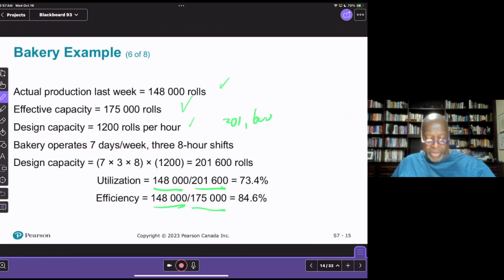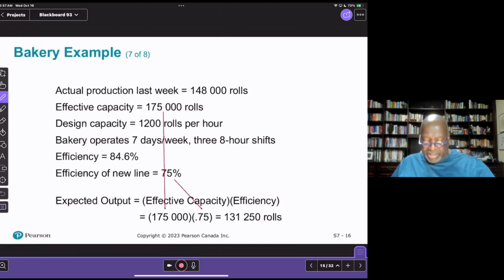We have a case here where, in this example, we now introduce a new line that has 75% efficiency. So if it has 75% efficiency, how many rolls are we producing? Remember that our efficiency is our actual over the effective capacity.